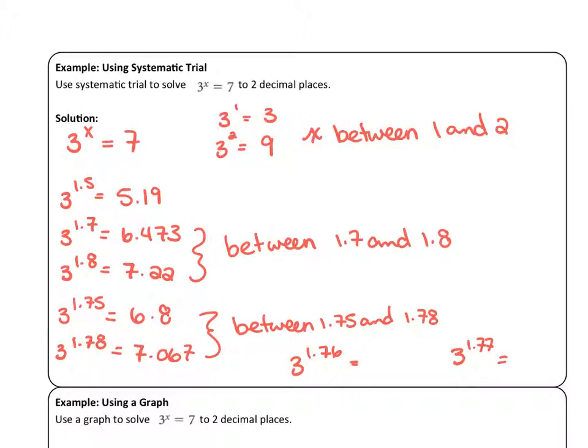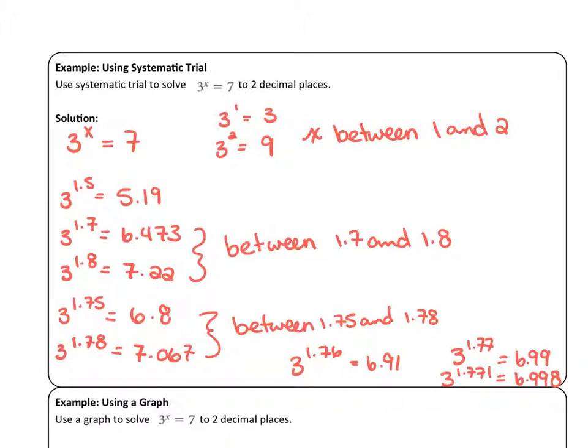3 to the 1.76 is 6.91, so it's not quite there. 3 to the 1.77 is 6.99. And then you can try 1.771, which is 6.998, which I think is close enough.